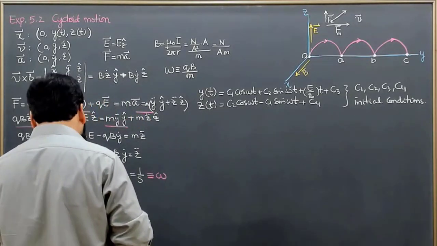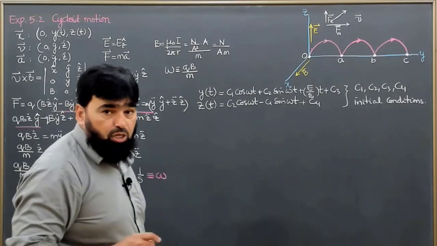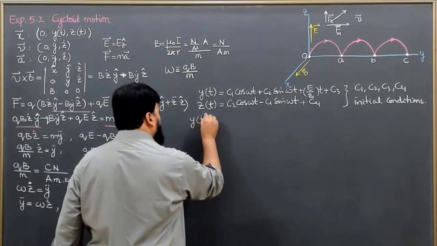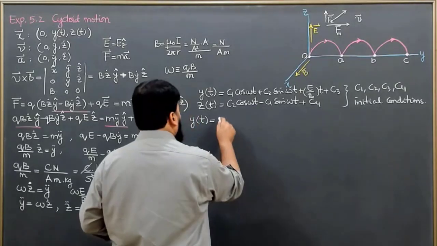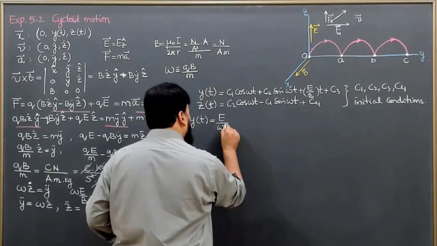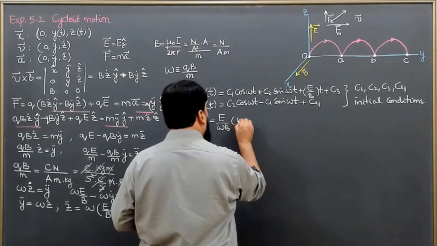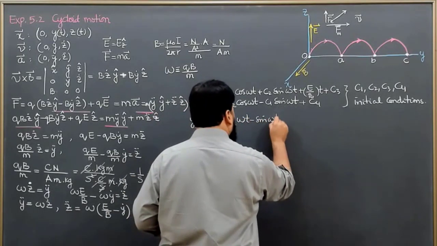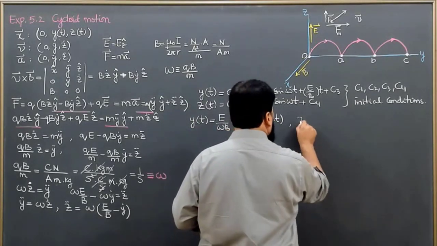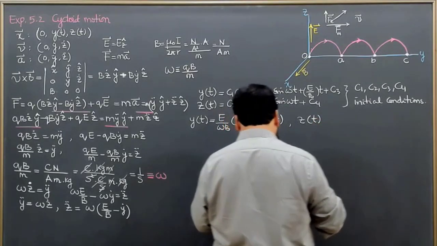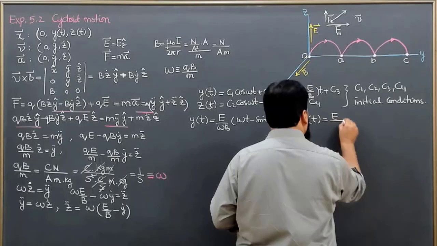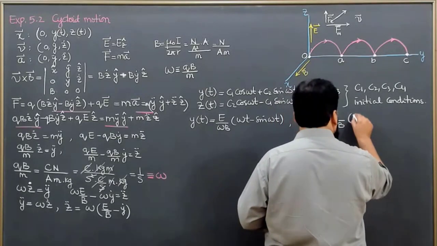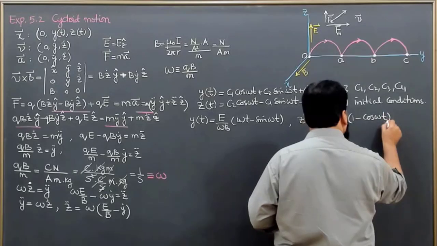And finally, after putting the values of these constants, you will have the equation: y of t is equal to E over omega B times omega t minus sine omega t, while z of t is E over omega B times 1 minus cos omega t.